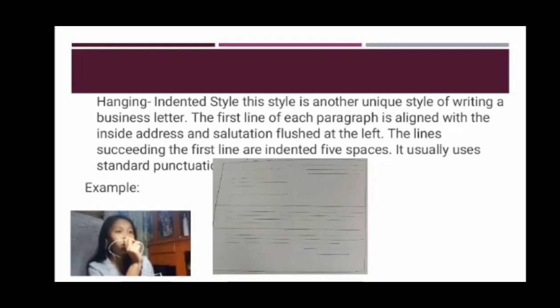It is also the opposite of the indented style, because in the indented style the indentation is in the first paragraph, while in the hanging indented style the indentation is on the second line. An example of this is the references used in research, or the references at the back of a book. So that's all my report.